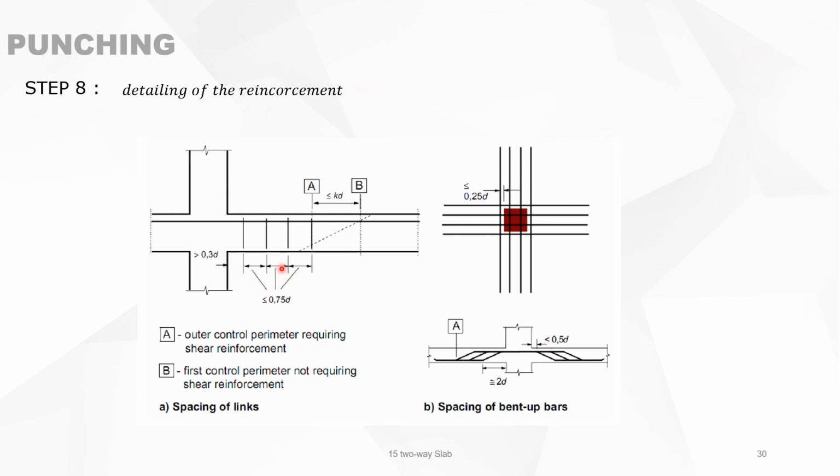And the distance between two different perimeters of punching reinforcement must be smaller than 0.75 times d. And then you see that if this is the outermost control perimeter, then within 1.5d of this perimeter, your last reinforcement perimeter must be situated.